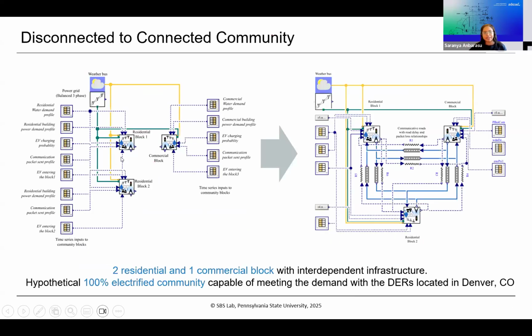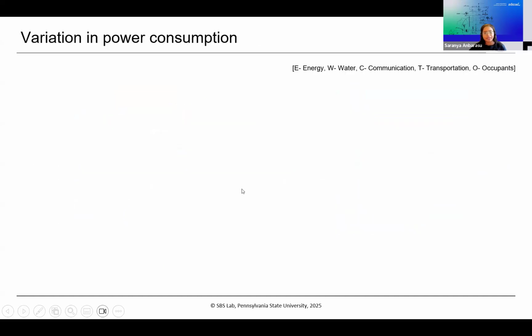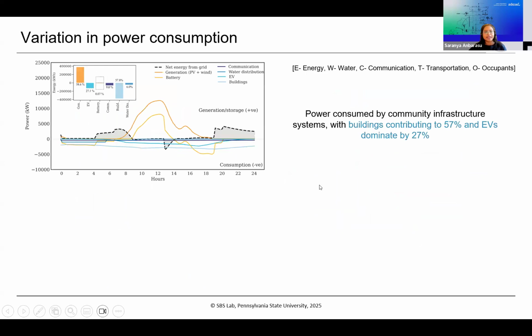Similar to the previous three-coupled systems application, we also went from a completely disconnected community to a completely connected community, which is the community based out of Denver, Colorado. And here is what our power consumption profiles look like. For the power consumed by infrastructure systems, the buildings contributed 57%, and the EVs accounted for 27% of consumption.